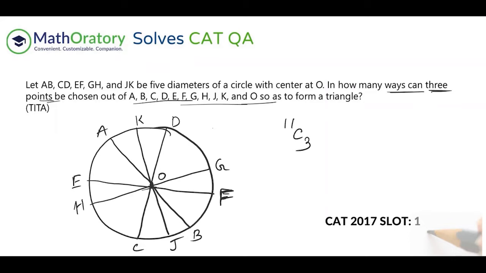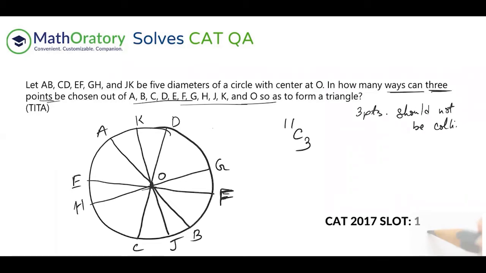But the question arises whether in each of these choices we will form a unique triangle or not. The answer is no. If all the 3 points are collinear to each other, so if they're part of the same line, in that case we cannot form a triangle, right? So the 3 points that we choose should not be collinear.